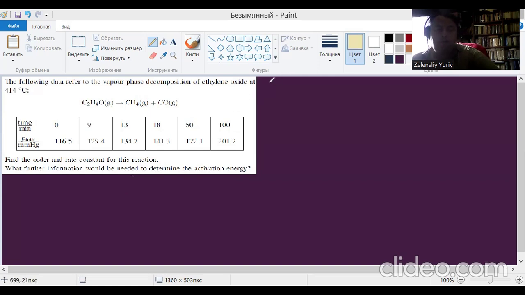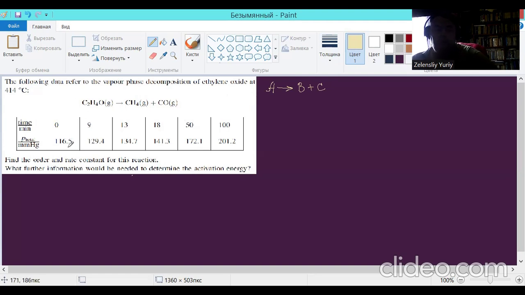So let me write down the scheme of this reaction this way, where A stands for ethylene oxide, B is methane, and C is CO. Okay, we've got the initial pressure of the gaseous ethylene oxide, let it be P0. Okay, and naturally, in the very beginning of this experiment, the whole system contains no traces of the products.